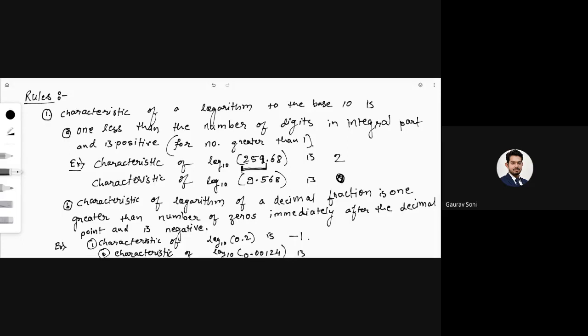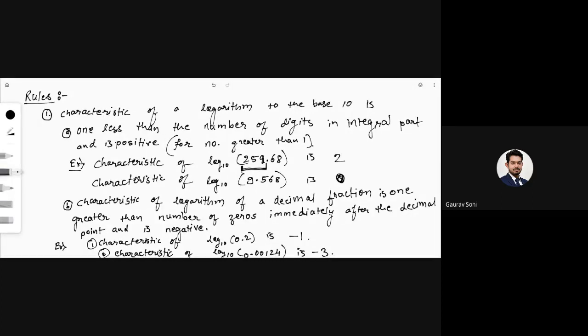Anyone? Minus 3. Okay, so there are two zeros immediately after the decimal point. One greater than this will be 3, and the characteristic is negative in this case, so that is minus 3. Exactly right.